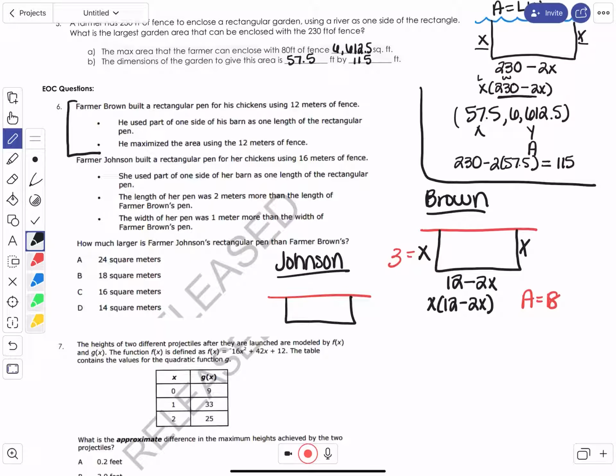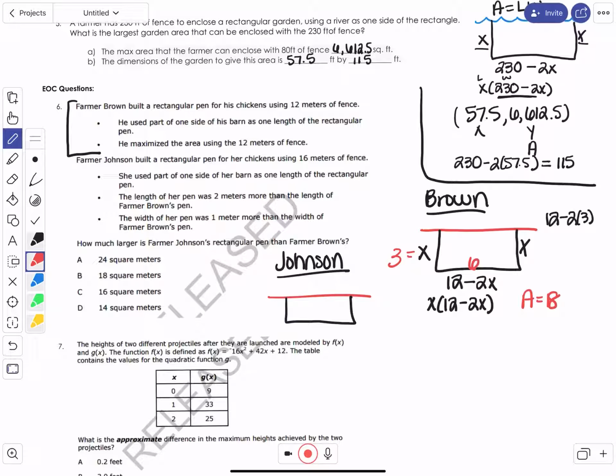Okay, so let's figure out what Brown's pen was. So if we do 12 minus 2 times 3, let's go figure out Brown's dimensions real quick. So 12 minus 2 times 3, that's going to be 6. So this right here is 6. Okay, so the length of her pen was 2 meters more than the length of Farmer Brown's.